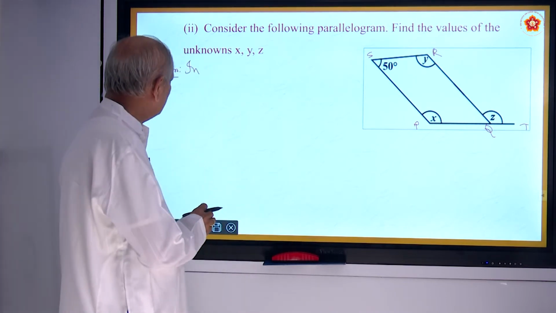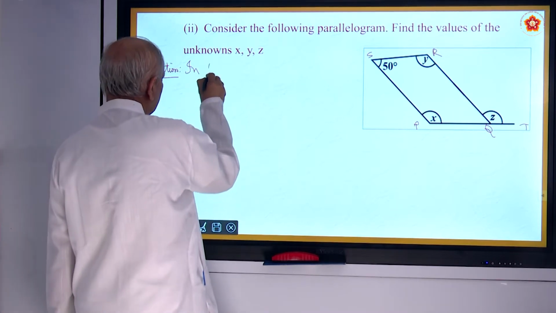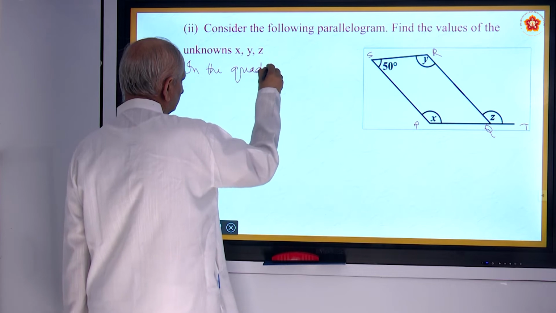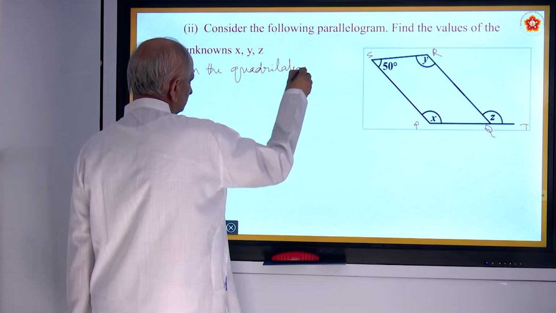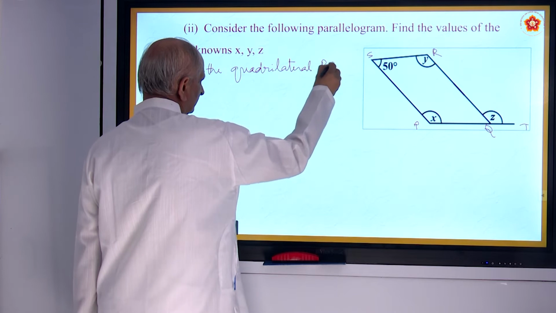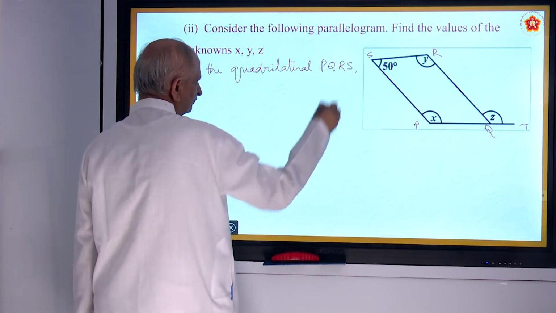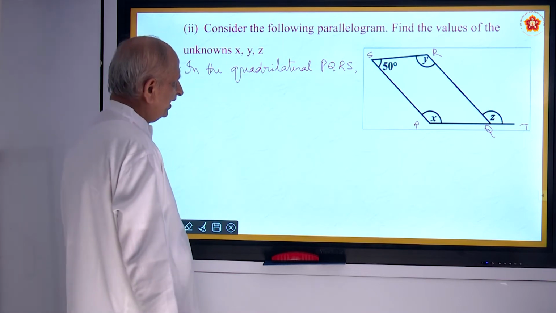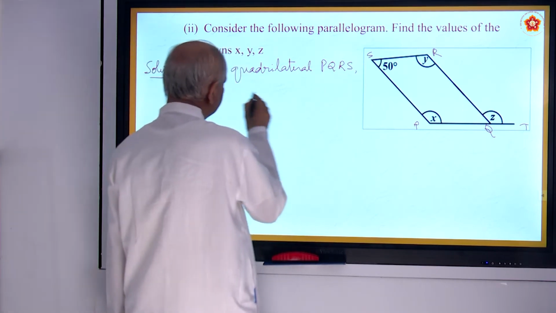Okay. Now, in the quadrilateral PQRS, we will start with the given angle.